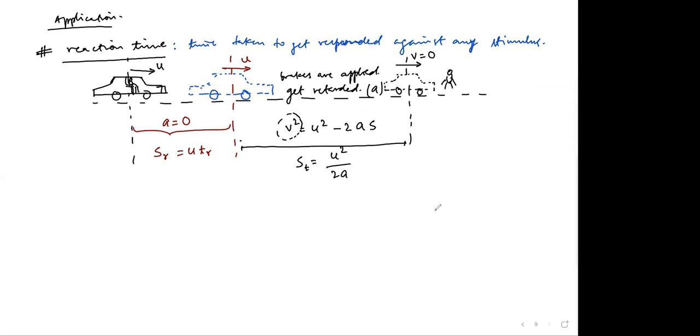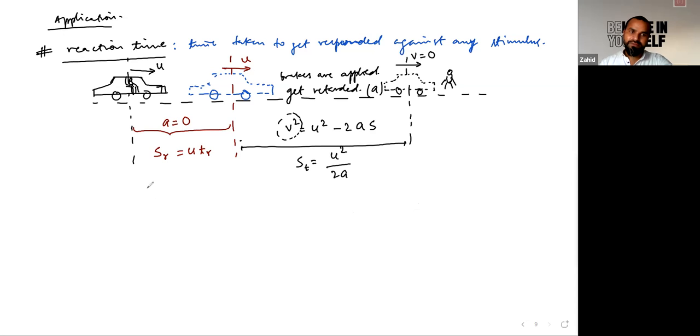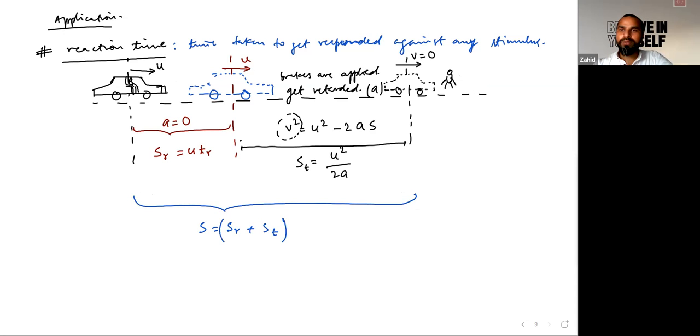So now the total distance covered by this car on observing this individual and applying brakes until the whole process is done is this plus this. So S is equal to SR plus ST. Now they would ask you whether the car will hit the individual or not.